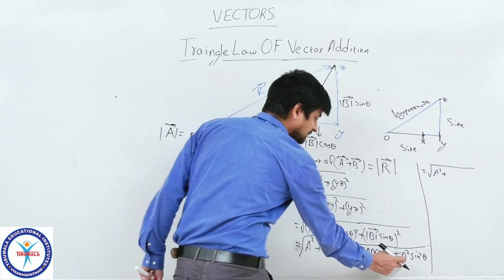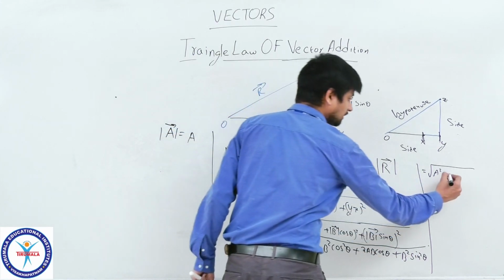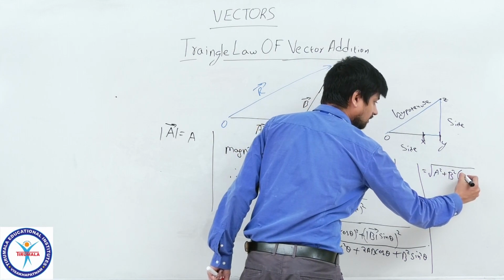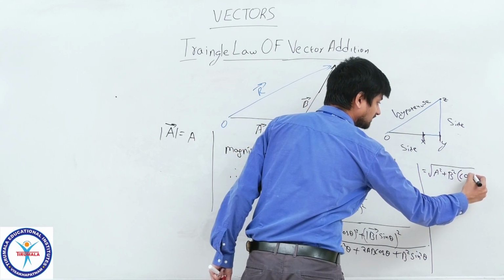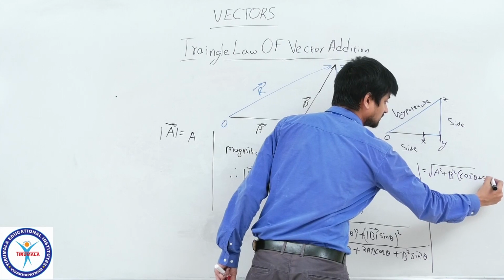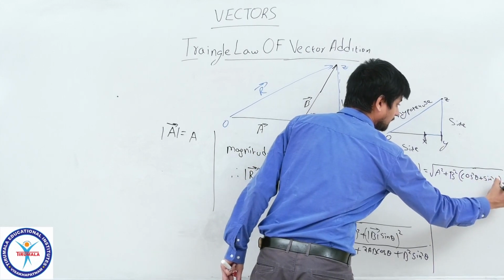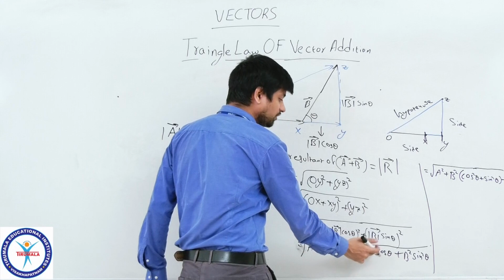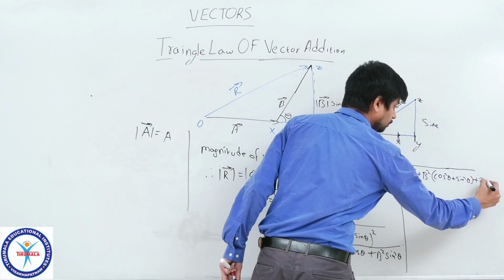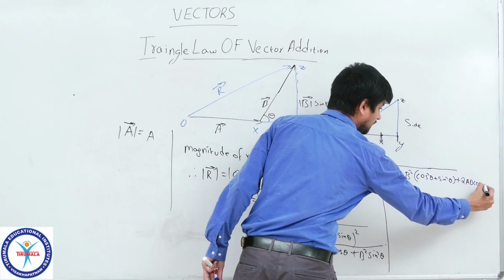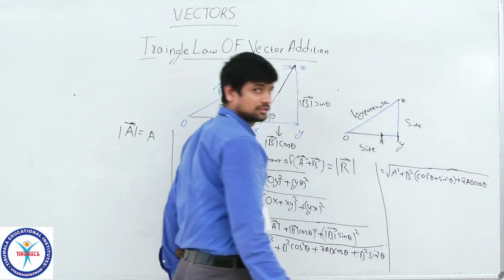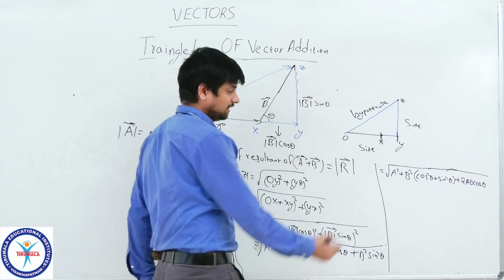Take this B square common, children, what do you get? B square, open the bracket, cos square theta plus sin square theta, plus what do you have? 2AB cos theta. Okay.